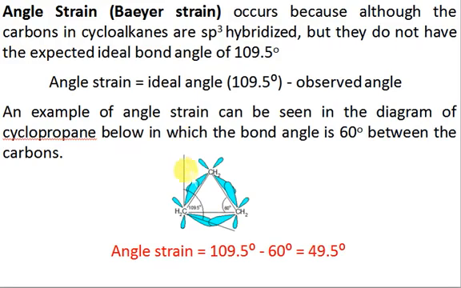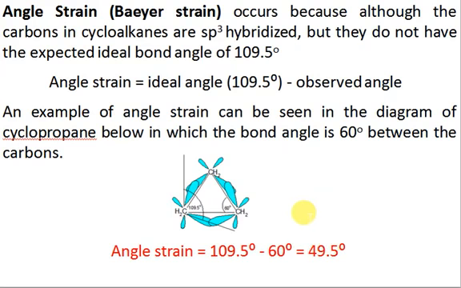The angle should have been 109.5 because the carbon is sp3 hybridized, but the observed angle is 60 degrees. So 109.5 minus 60 degrees is 49.5 degrees.